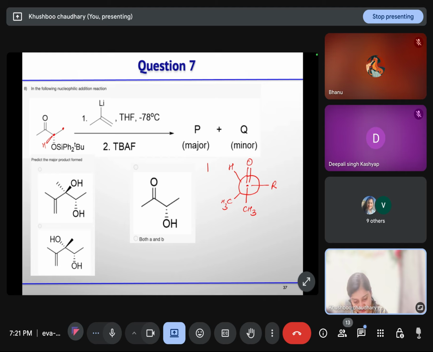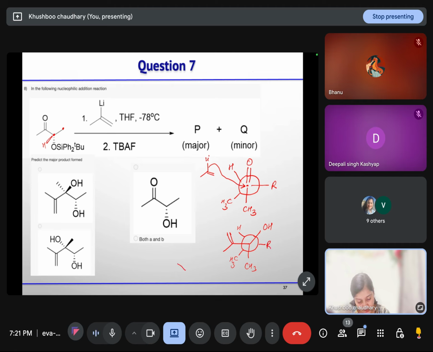So when this attacks, it will attack from the side of hydrogen. So you will get hydrogen, methyl, and your R group. Right?